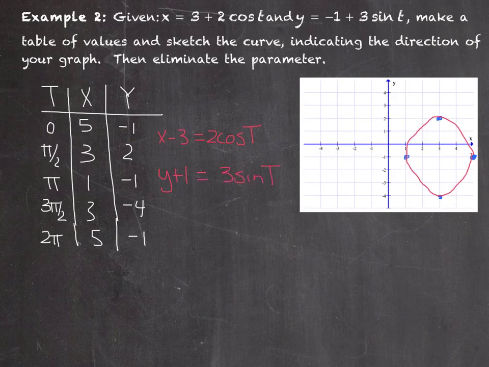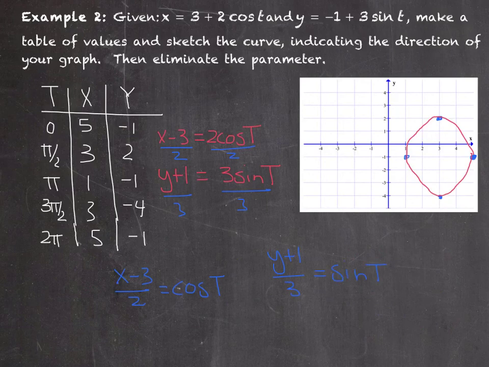We're going to go ahead and divide both sides by 2 here, and we're going to divide both sides by 3 here, and so we're going to get (x minus 3) over 2 equals cosine of t, and then we're going to get (y plus 1) over 3 equals sine of t.